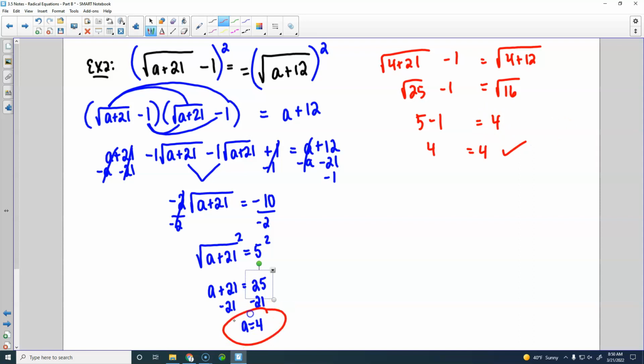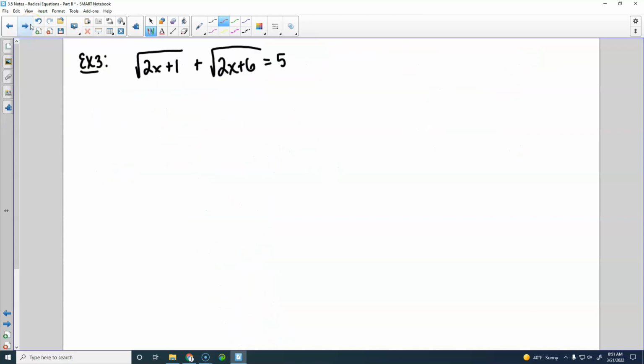So we've got a equals 4 is our answer. And you can check that with your calculator too instead of by hand if you'd rather. Okay, here's another one.